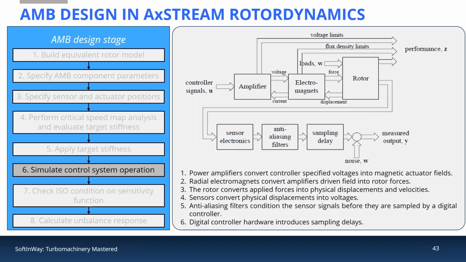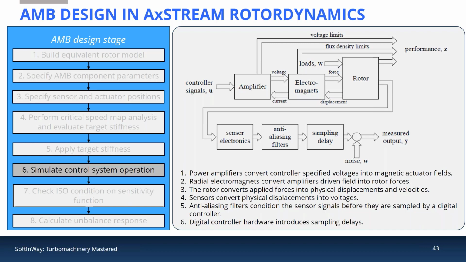The mathematical modeling within the built-in extreme rotor dynamics algorithm simulates the following. Power amplifiers convert controller-specified voltage into magnetic actuation fields. Radial electromagnets convert amplifier-driven fields into rotor forces. The rotor converts applied forces into physical displacement and velocities. Sensors convert physical displacements into voltage.